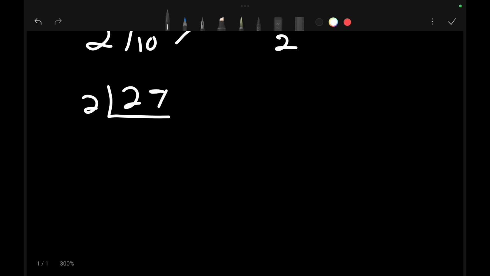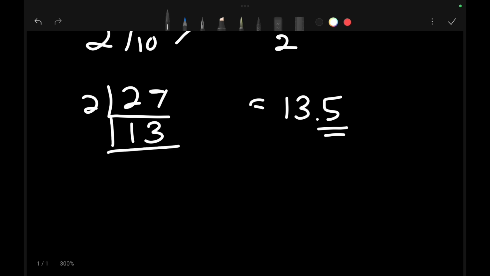27, what do you get after dividing 27 by 2? Correct, 13.5. So there's a remainder. So what do you do with the remainder? First, you insert the value 13, but what will you put the remainder as?